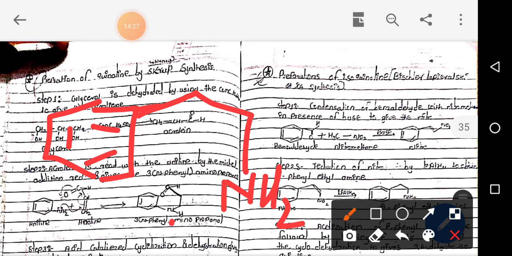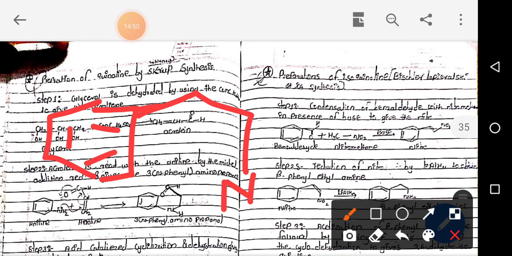We need one more carbon here to attach. We know the structure of isoquinoline and have in mind how we can form it. So for adding this one carbon, we use acetyl chloride. So acetyl chloride is added here, and we get this structure.